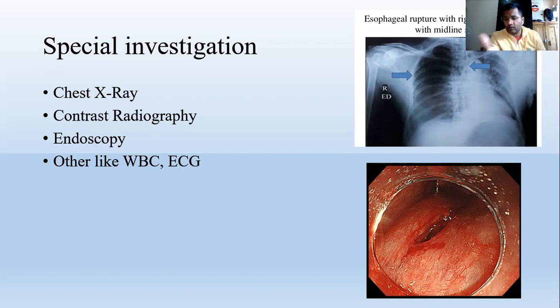You can find the pneumothorax on the affected side, and in contrast radiography you can find opacity on that particular side when the radio-opaque material leaks into the mediastinum on that side.